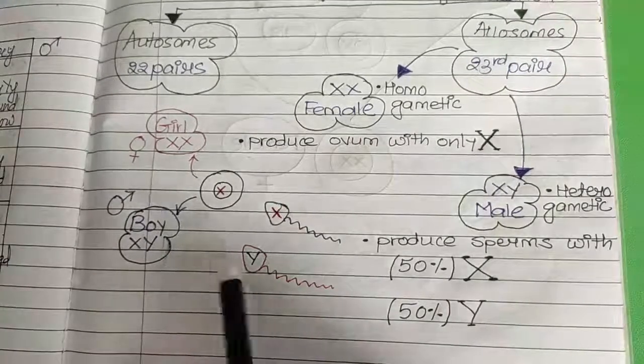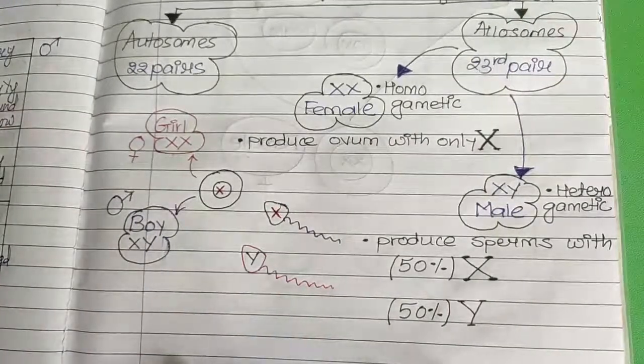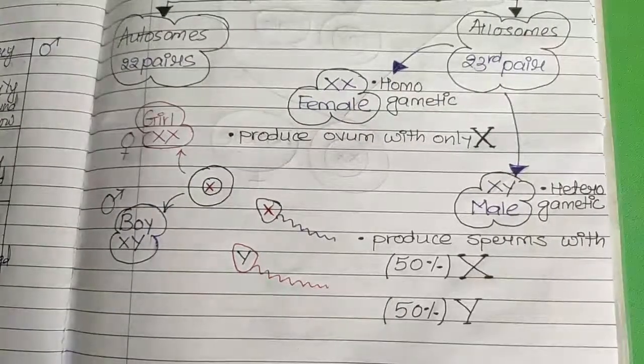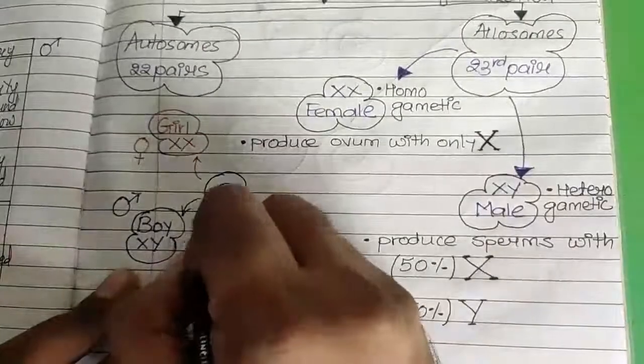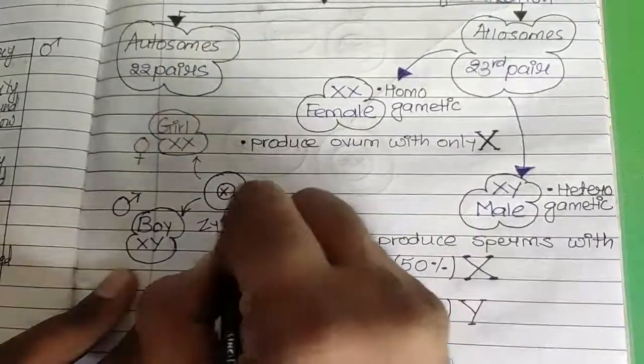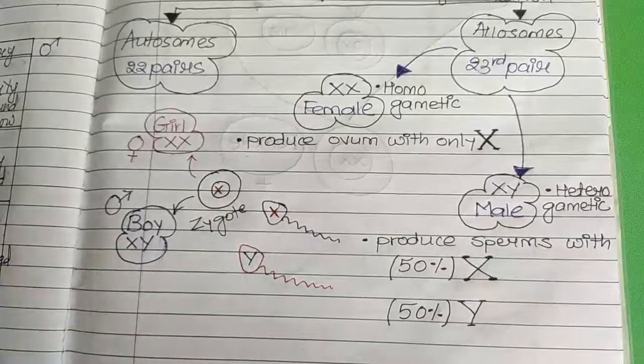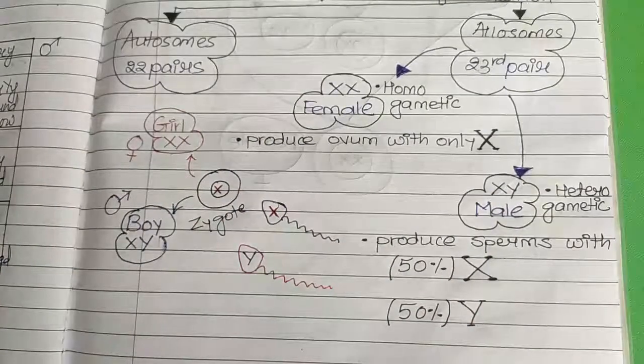So here the chromosomes are determining the gender of a child, and the gender is fixed at the time of formation of the zygote. Whenever the zygote is formed, at that time only the sex or gender of the child is determined.